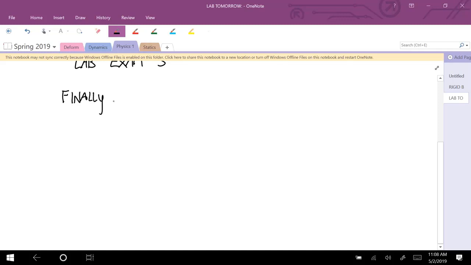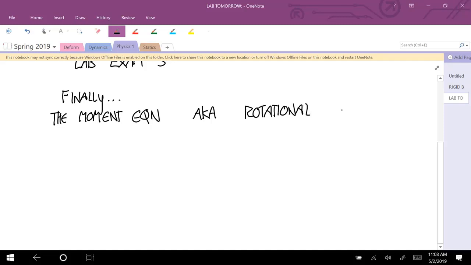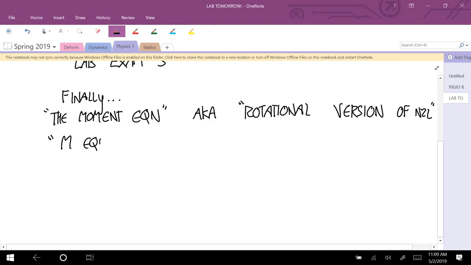So finally, the moment equation, aka the rotational version of Newton's second law, N2L, aka M equals I alpha, aka tau equals I alpha.